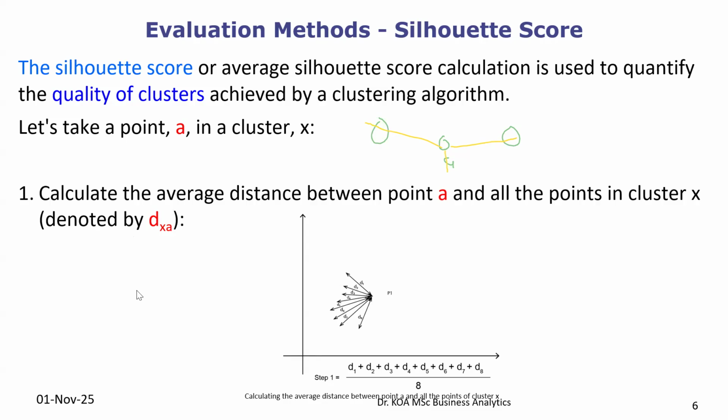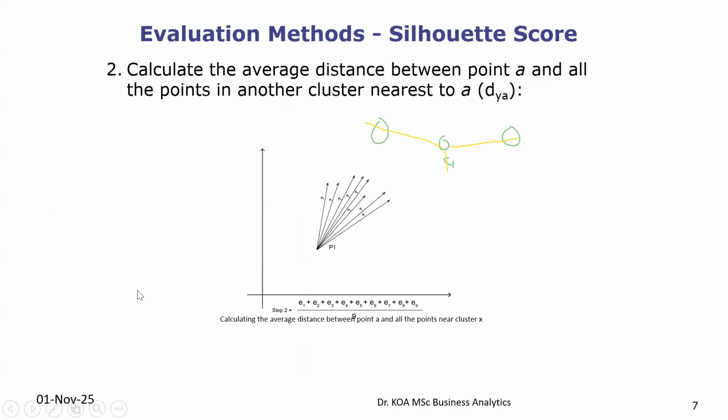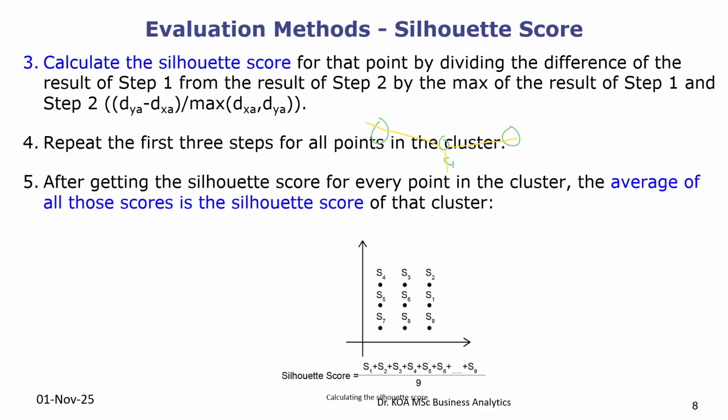Once you have calculated that, the next one, you see, the software does these things easily for you, but it's always good to know what the software is doing. You will now average all the distances. So if one distance is 2, another is 4. Some of them are going to be positive, some are going to be negative. Okay, you average them between the point A and all the other points in the other clusters.